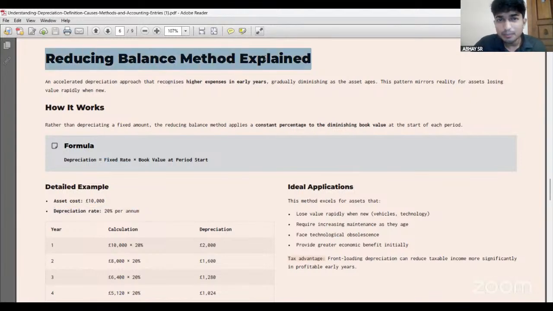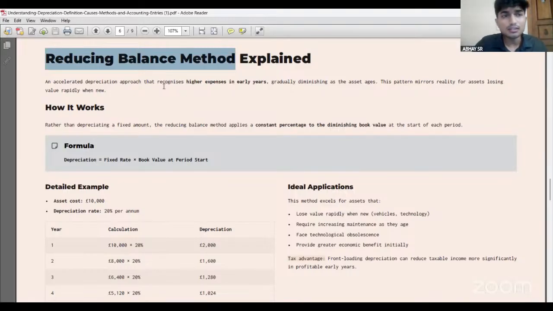Practically, in most areas, reducing balance method is used because every machinery works in a different way. The plant and machinery works in a different way. This laptop works in a different way, and the damages that can come in are also different. So if we calculate the depreciation through straight line method, it won't be accurate, right?